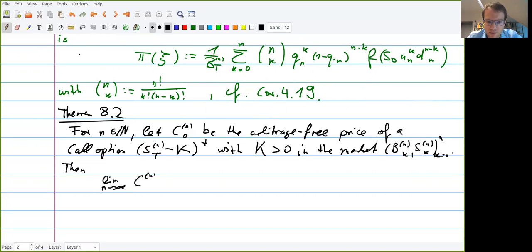If I look at the limit of n going to infinity of the call prices, they converge to the following object.